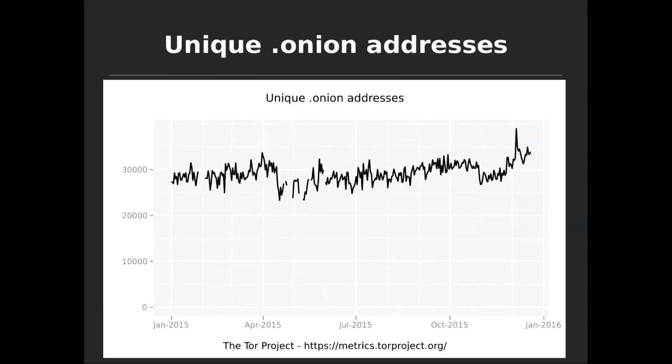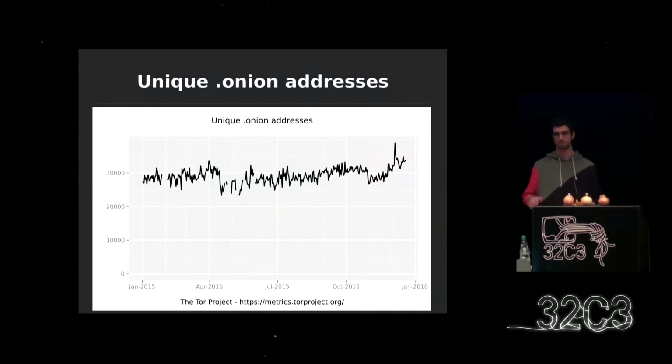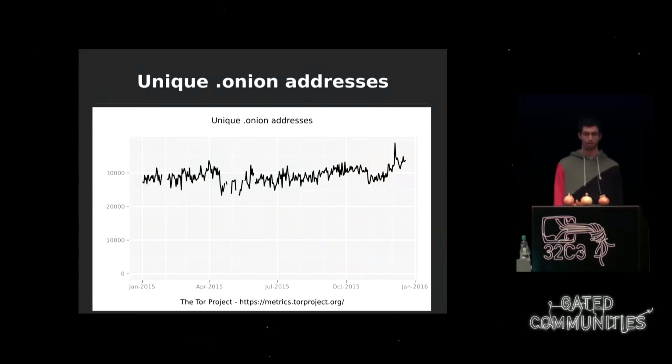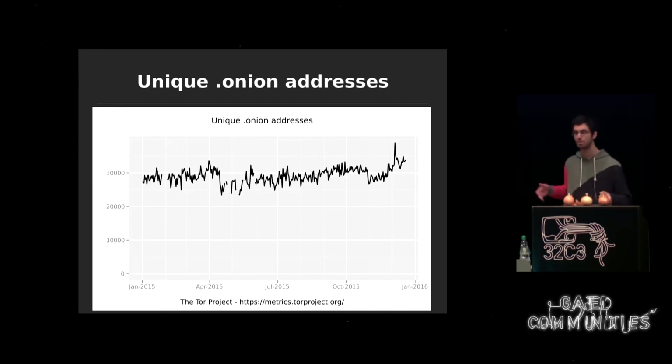We have some statistics to give you an idea of the current maturity of the system. We got these statistics by asking relays to send us information about the hidden service activity they see. Only a small fraction of relays is reporting these statistics, so we extrapolate from this small fraction, and that's why the statistics can have lots of ups and downs and noise.